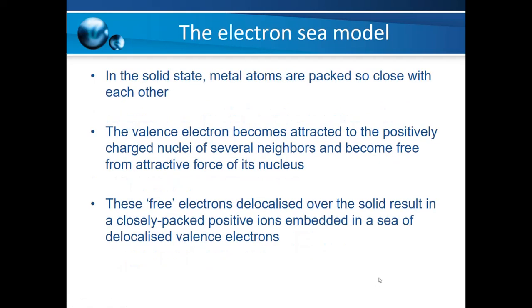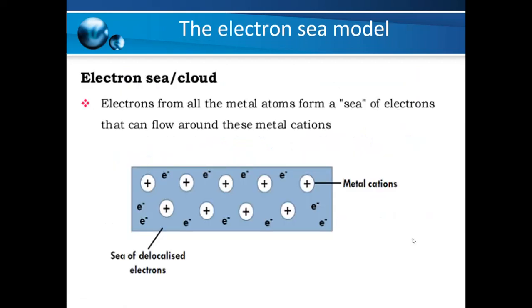In the solid state, metal atoms are packed so close to each other, and the valence electrons become attracted to the positively charged nuclei of several neighbors and become free from the attractive force of their own nucleus. These free electrons are delocalized over the solid, resulting in closely packed positive ions embedded in a sea of delocalized valence electrons.